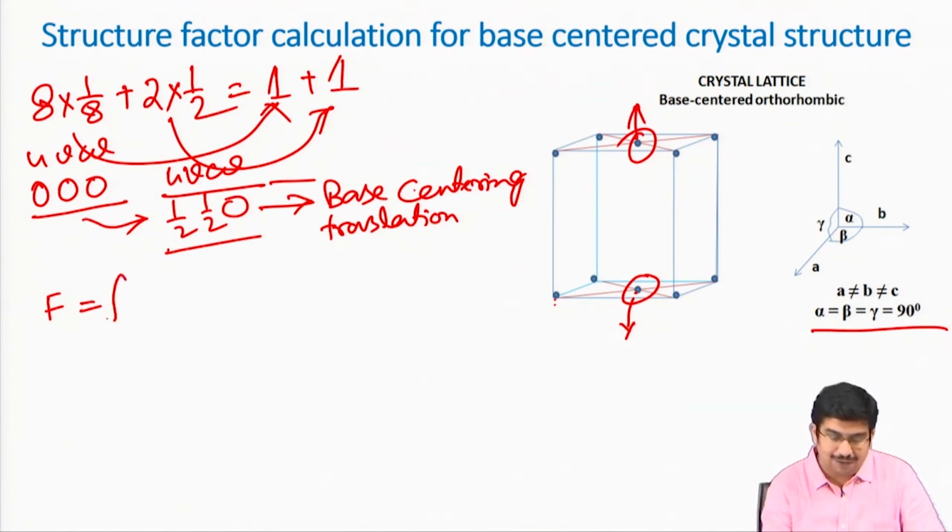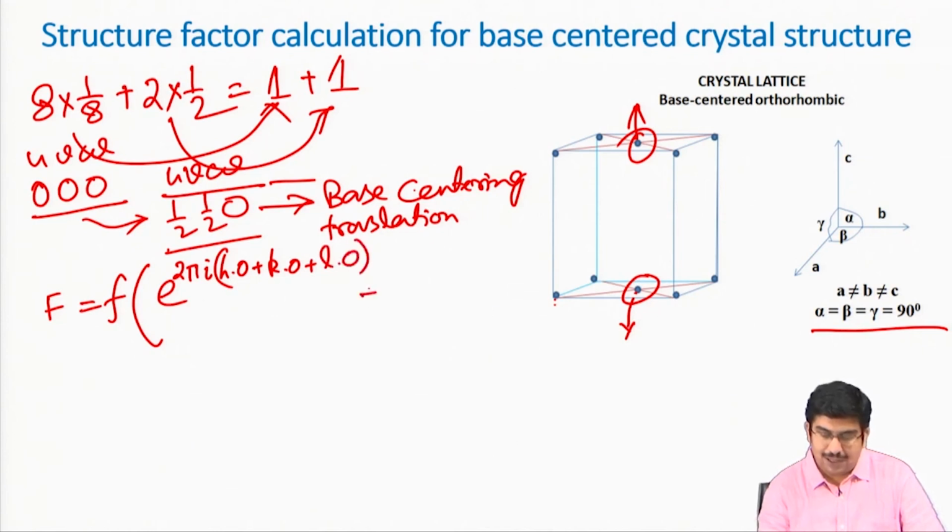So, we have this multiplication with the atomic scattering factor, and for this corner atom we have 2 pi i into H into 0 plus K into 0 plus L into 0.